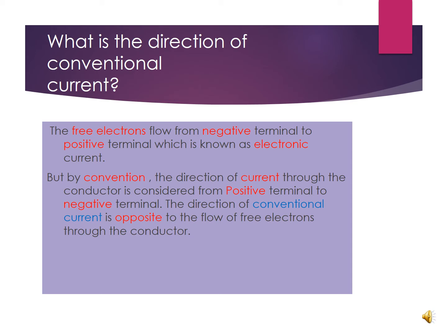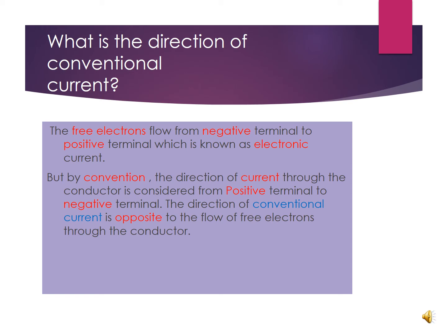Now we know the conventional direction of current. We have come to know what is contributing to the electric current: the free electrons which flow from the negative terminal of the battery to the positive terminal, because a battery or a cell is the source of giving extra electrons. In a battery there are some chemicals which, due to chemical reactions, form electrons, and the terminal where the electrons reach is known as the negative terminal.